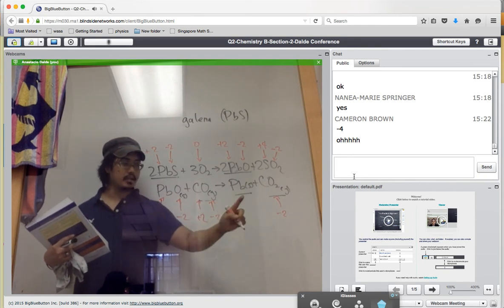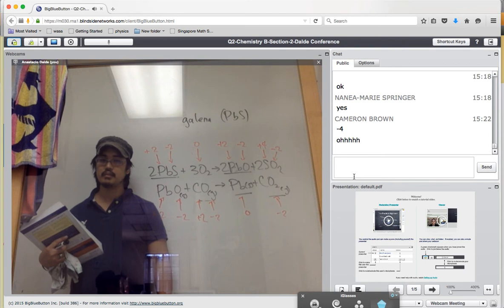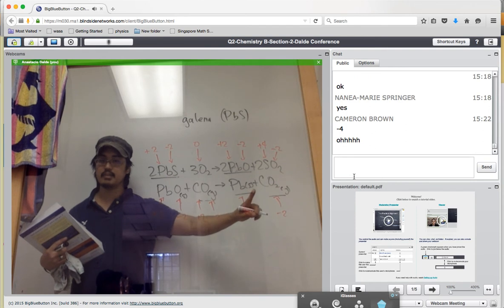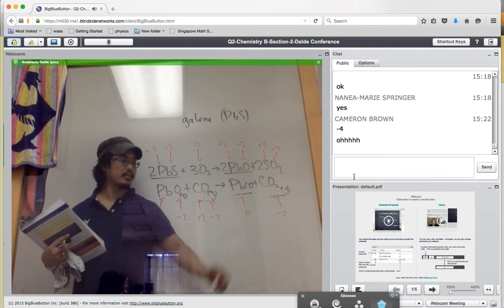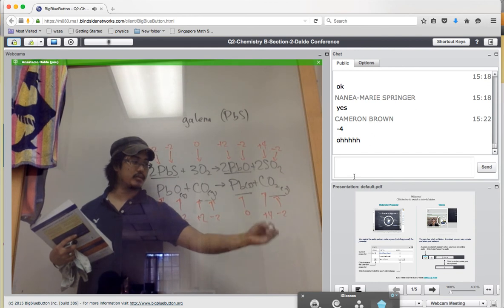This one goes to 0. Why is it 0? Because it's pure solid lead. You can tell that it's a solid because of the S. It's the natural form of lead. So pure lead is 0. This carbon, on the other hand, goes to +4.